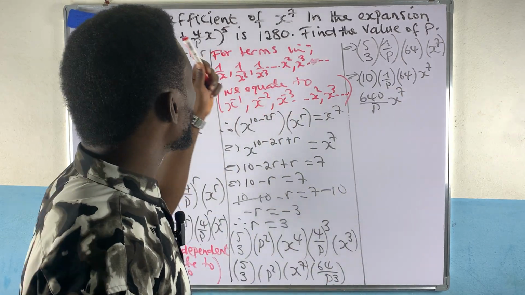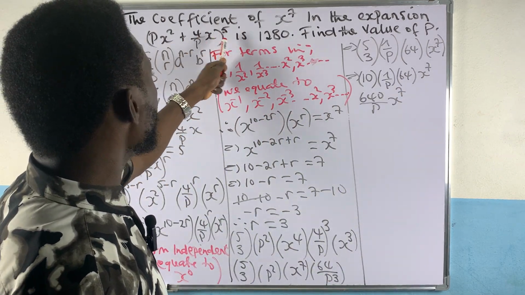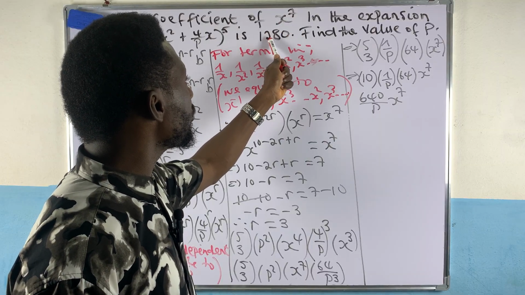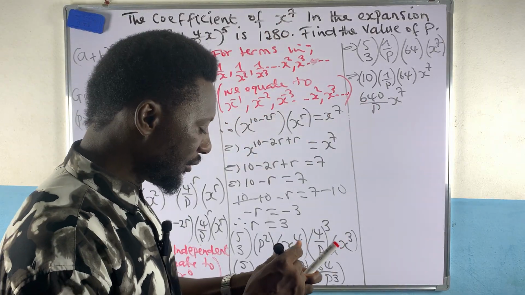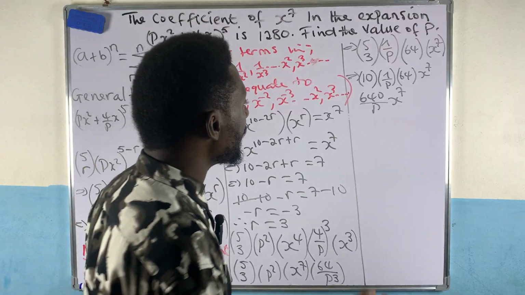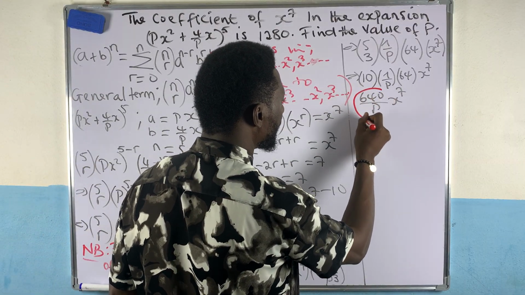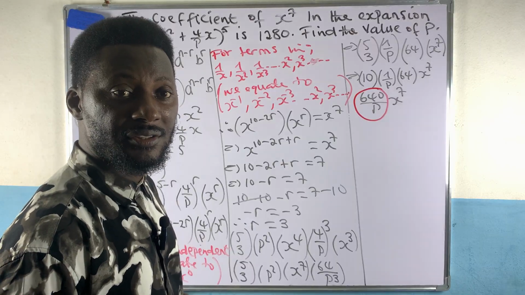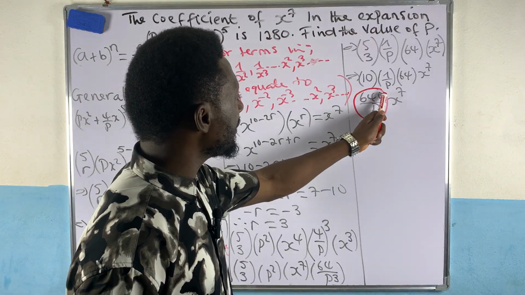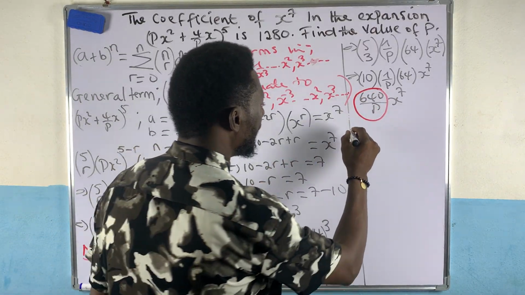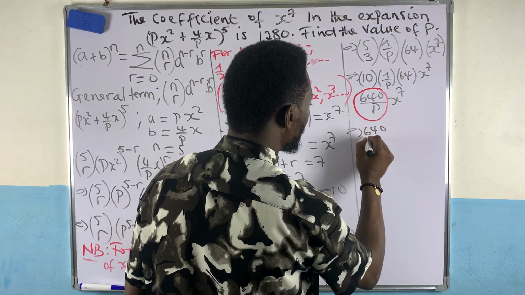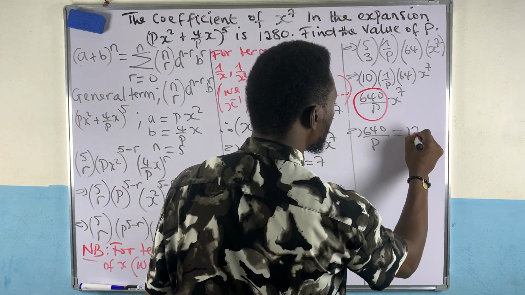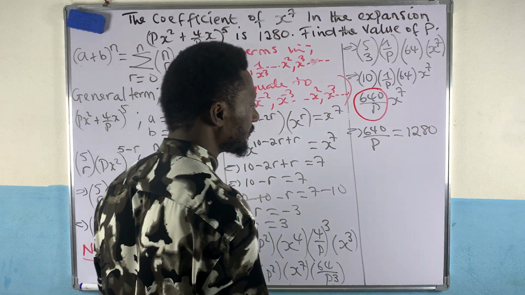And in this question, we were told that the coefficient of the term in x to the power 7 is 1280. What is the coefficient of the term in x to the power 7 on the board? It is 640 all over p. So it's 640 divided by p, which is the coefficient, should be equal to 1280.